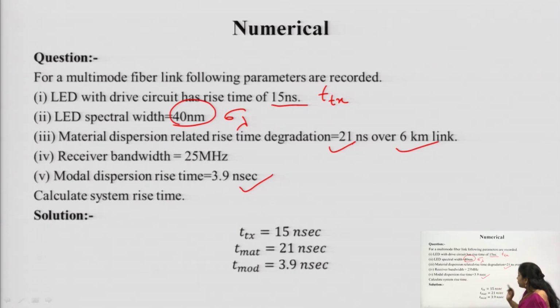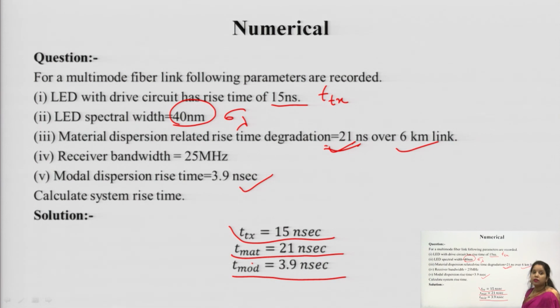So, let us have a look at what is given in this particular numerical. TTX 50 nanosecond, T material 21 nanosecond, T mod 3.9 nanosecond, and the fourth major contributor is the rise time of the receiver.